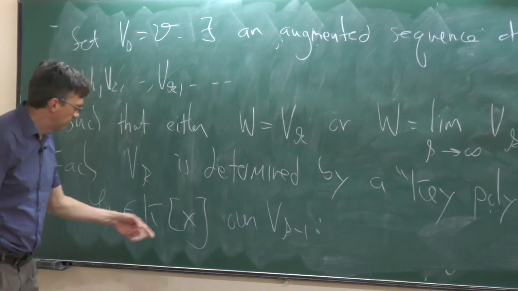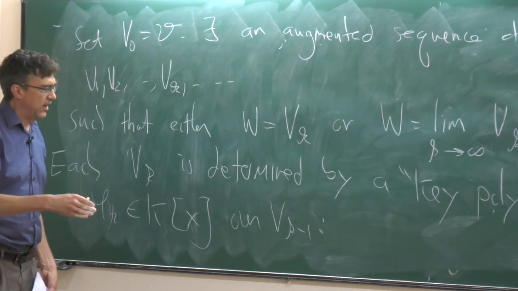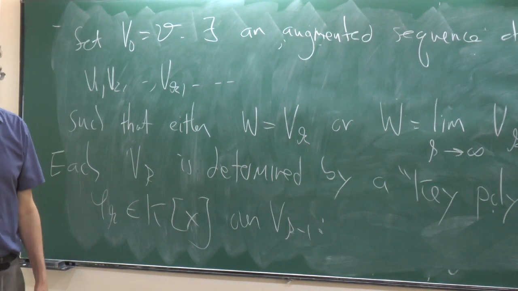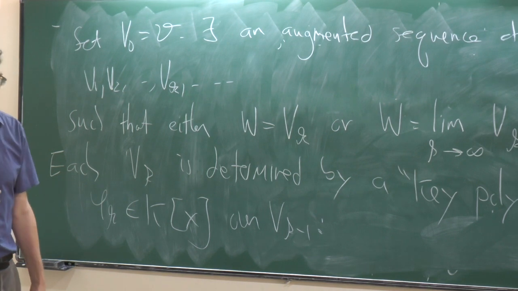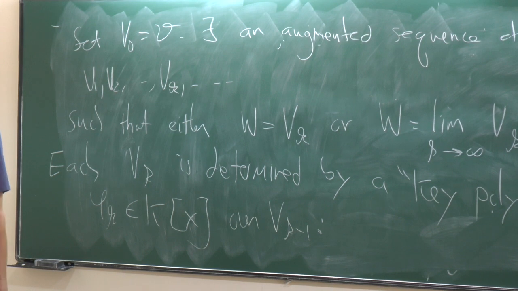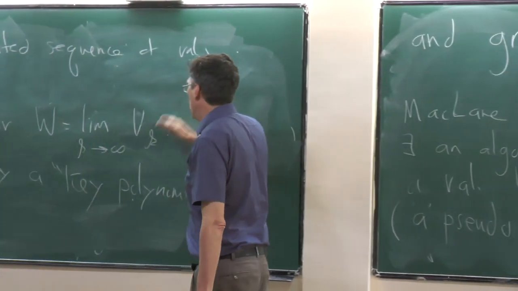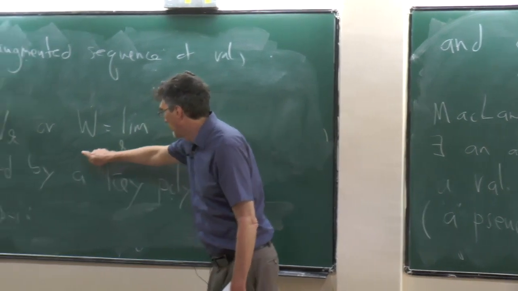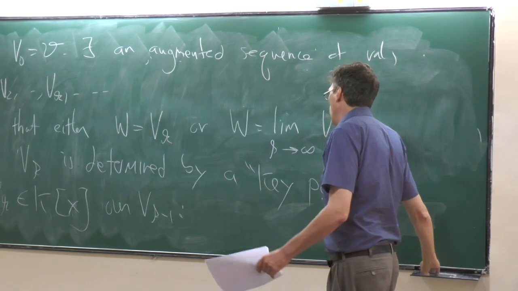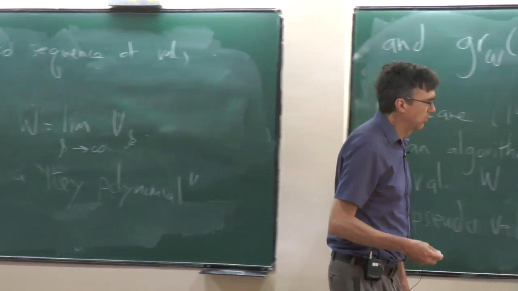You can take x and subtract elements in k, and you can get bigger and bigger values which don't go off to infinity. The value group could be a subgroup of the reals, and maybe you'll get closer and closer to pi, but never quite get there. Something like that can happen. And if that happens, then you're stuck there; you'll just accumulate up at that point and you'll never get finished. You have to end up where the values of these things get bigger and eventually go off to infinity.